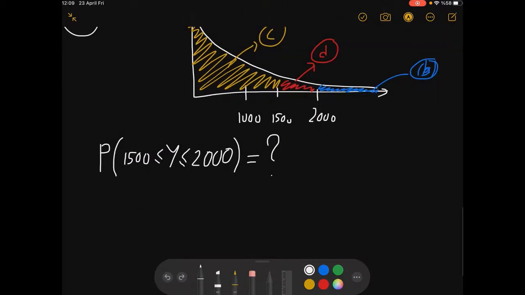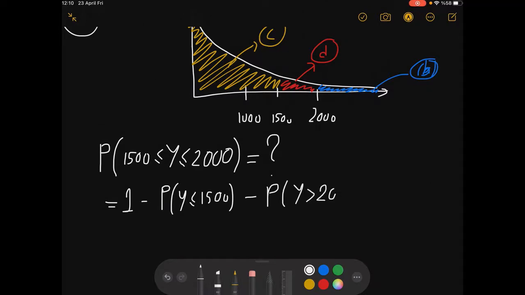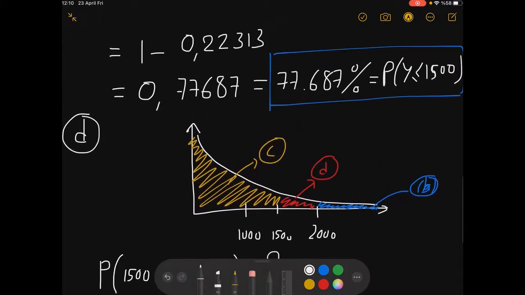So it is the probability of 1 minus the probability of Y less than 1500 minus the probability of Y greater than 2000 hours. That's it. We have already calculated these ones, right?